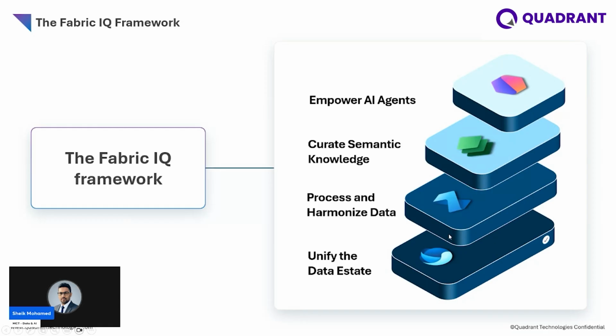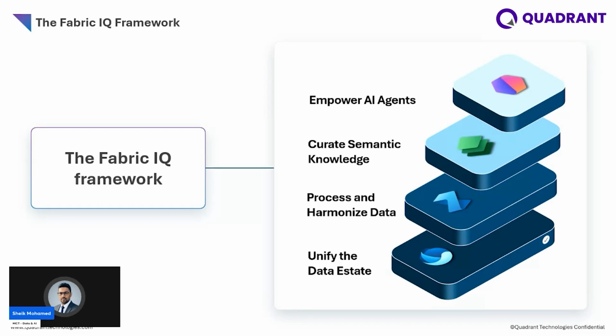So this framework helps us explain Fabric as more than a data platform, right? It becomes a foundation, you can say, for trusted analytics and AI. So moving from unified data to harmonized data and then semantic knowledge on top of it. And then finally empower your AI agents that can reason over a business context.